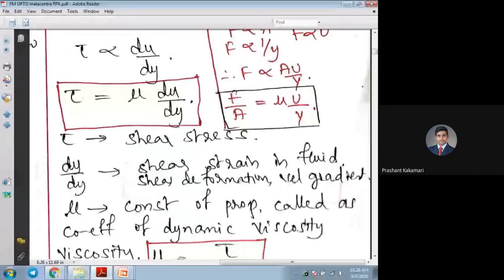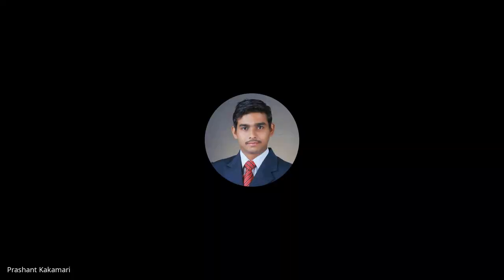By this formula, one can find out the viscosity. One can note down these equations. If the force and area are given in the problem, you can find mu equal to F into y divided by A into u. So by any equation you can find out the viscosity.